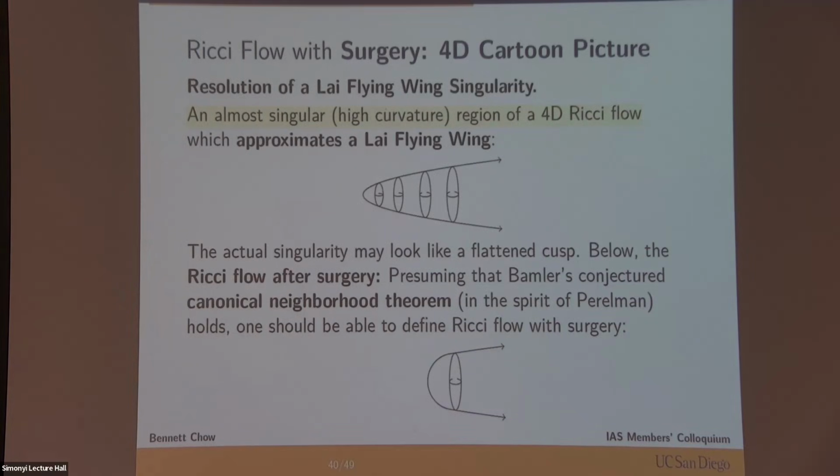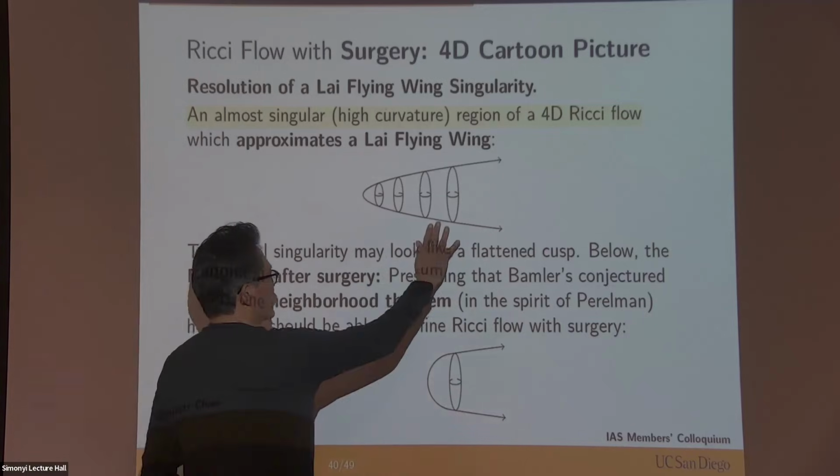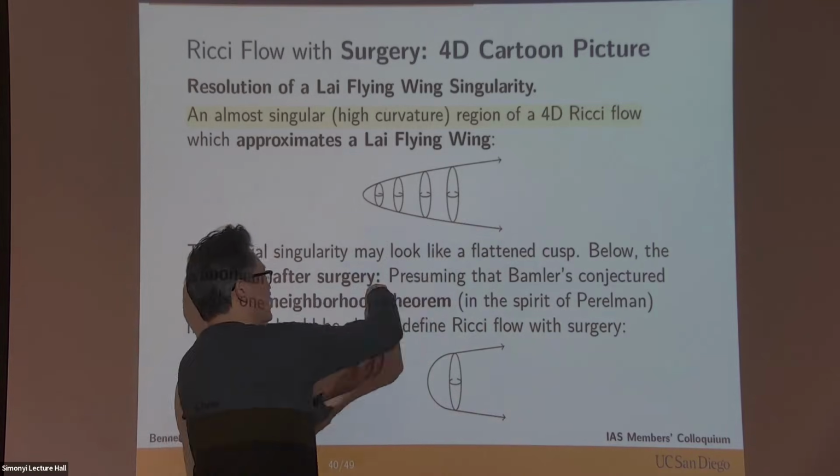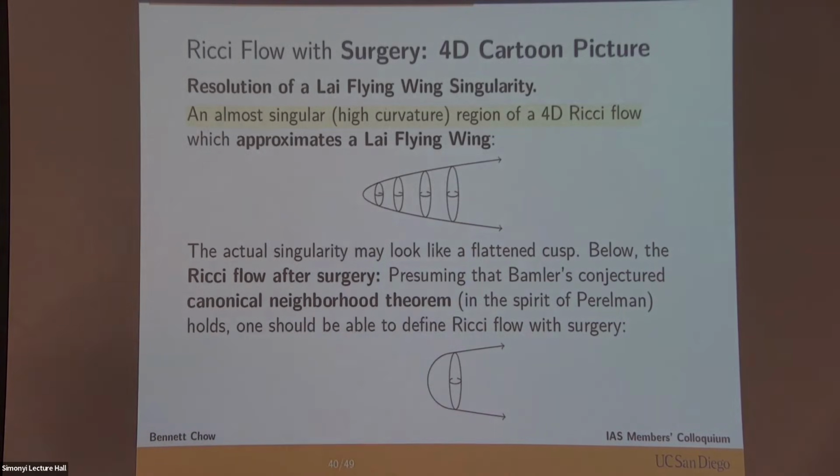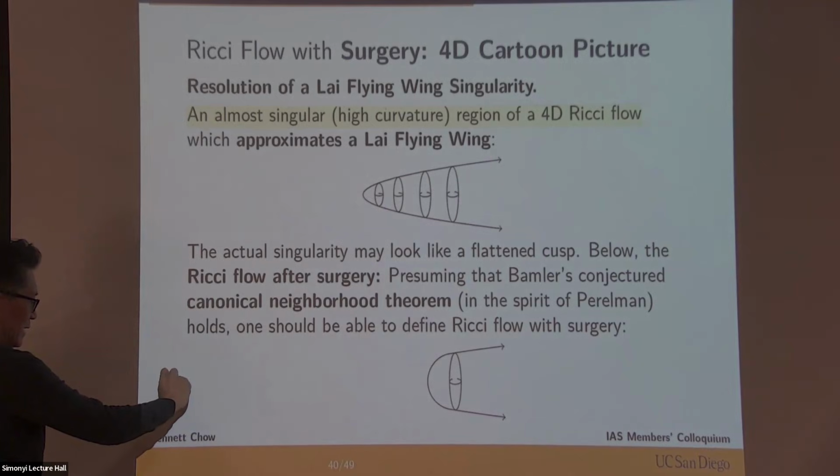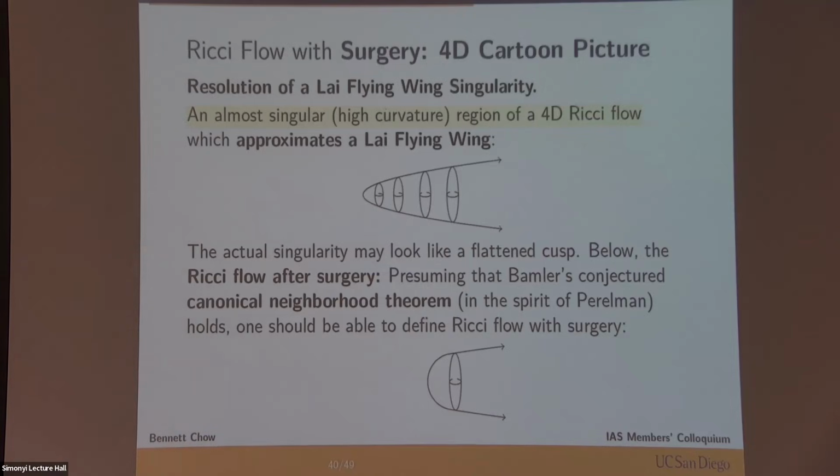In this case, remember, we had a steady soliton, and it kind of looked like a brine, but it was flattening out. These things look like Perelman's ancient solution, and these S3s are getting more and more elongated. In any case, maybe what you should imagine is that you have a cusp going into the finite curvature region. If the finite curvature region is nice, then you should be able to do a surgery.